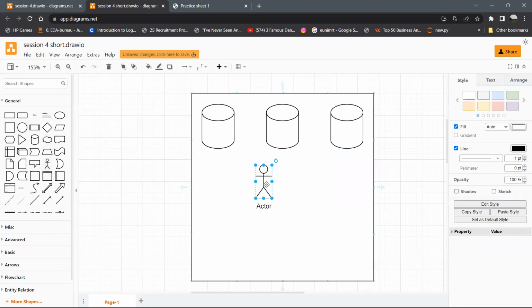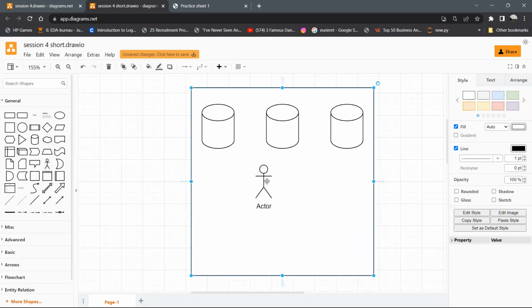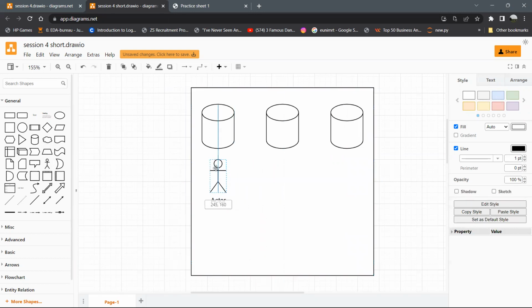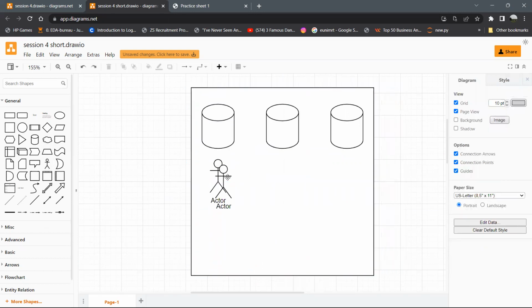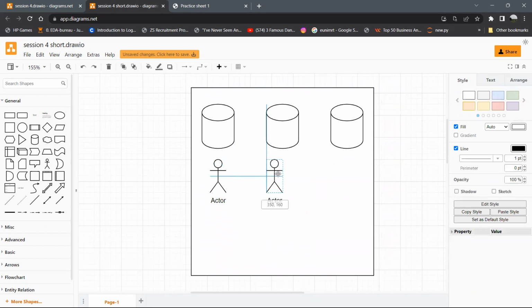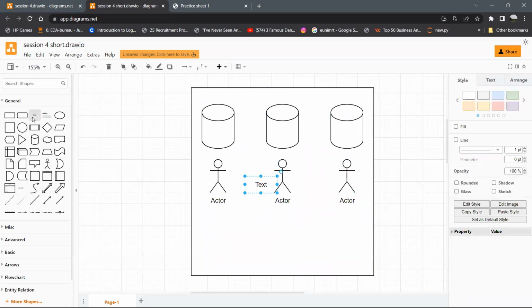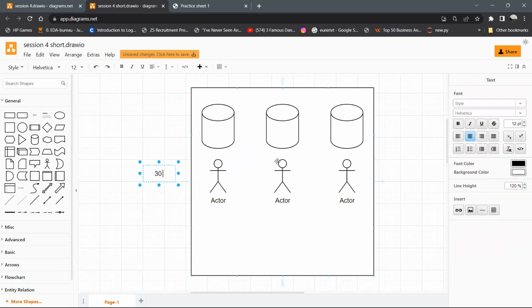Let's say we have one customer, another customer here, and another customer here. To serve these 3 customers, how much time will we take? We will take 15 minutes.